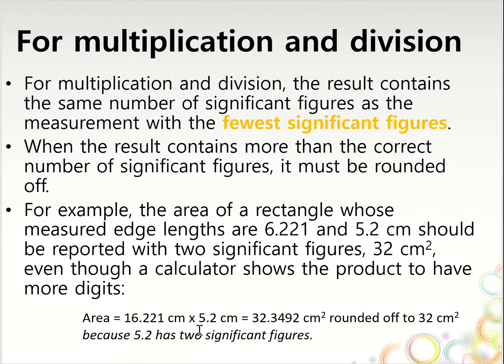Because 5.2 has two significant figures, as we said. So if this digit was 5 or greater, then it would have been 33, right? So that's why we use the term rounded off. But because it is 32.3, it's less than 5, and so we can work with 32.